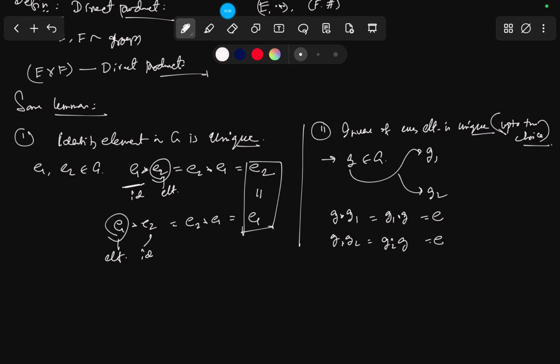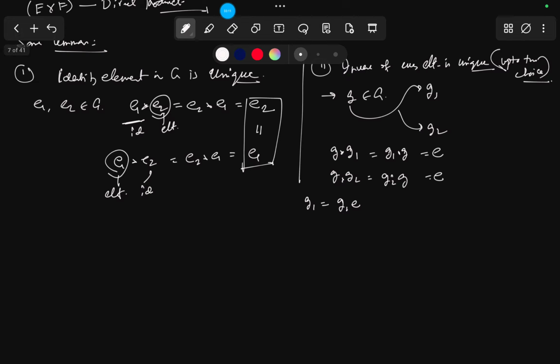Now what about your G1? G1 is basically G1 times E, like the identity. So you get G1 times G times G2.